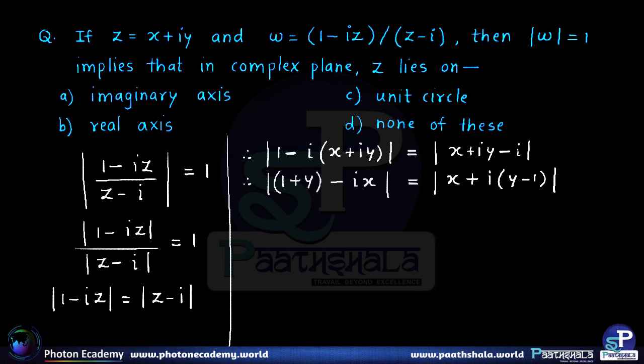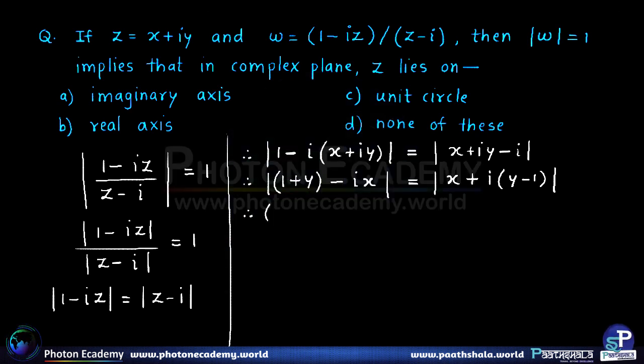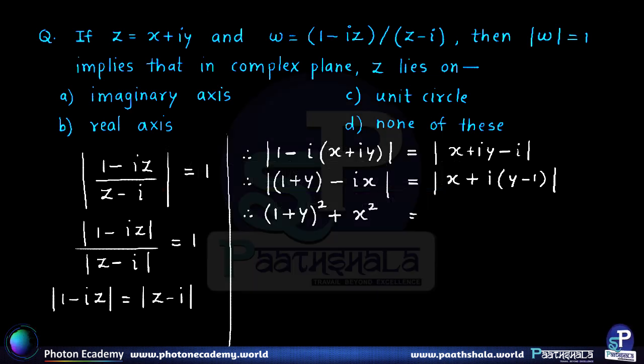Now what we have got essentially is that the modulus of two complex numbers is the same. So we can remove the modulus by writing the formula of modulus, so that we'll get a relation in x and y. The modulus is nothing but real part square plus imaginary part square, and we basically have the square root in the modulus formula, but since both sides have the square root, we can eliminate that by squaring both sides.